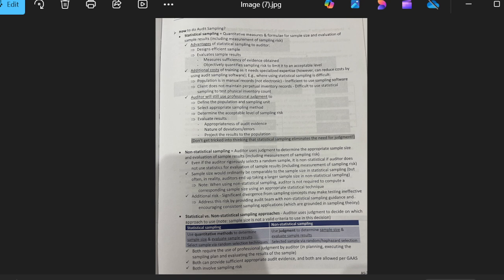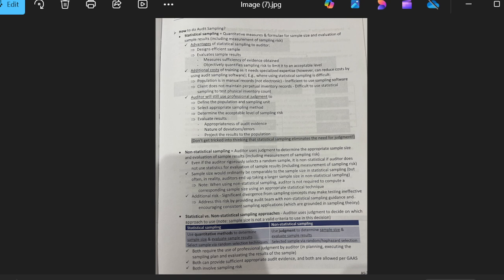The sample size would ordinarily be comparable to the sample size in a statistical sample. Also, when using non-statistical sampling, the auditor is not required to compute a corresponding sample size using an appropriate statistical technique. There is additional risk in non-statistical sampling, that significant divergence from sampling concepts may make the testing ineffective, and this risk is addressed by providing auditors with non-statistical sampling guidance and encouraging consistent sampling applications.